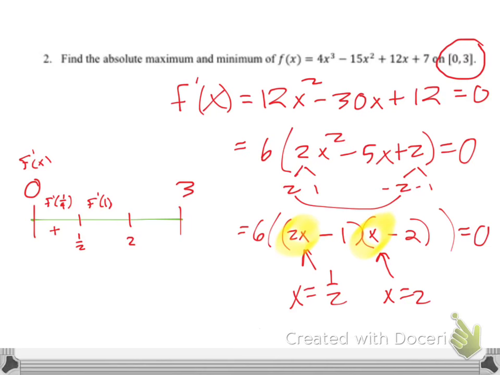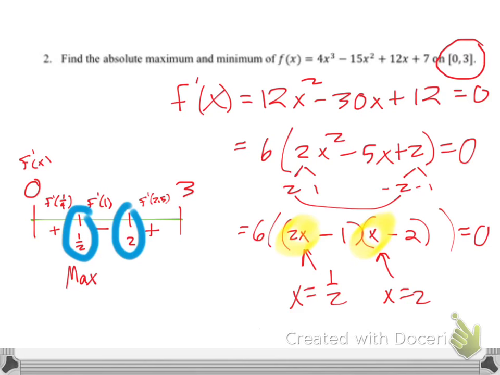And so I'm going to put in 1/4 to test that region between 0 and 3. And I'm actually going to put it into the factored form of the equation because I really only care what the sign is, whether it's positive or negative. So for that first pair, 2x minus 1, if I take 2 times a fourth and take away 1, it's going to be negative, and then a fourth take away 2 is negative. So negative and negative, and those factors make a positive.